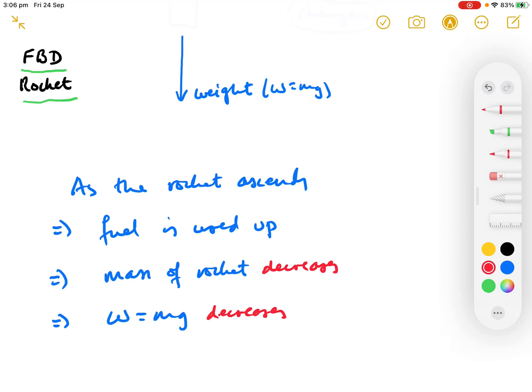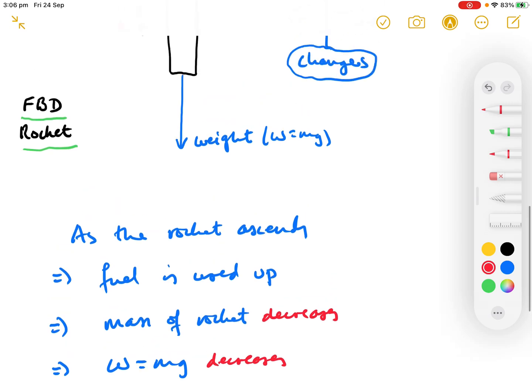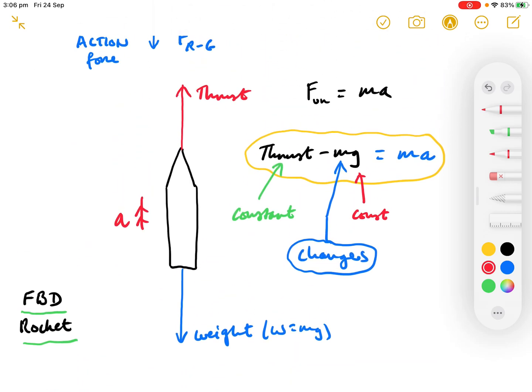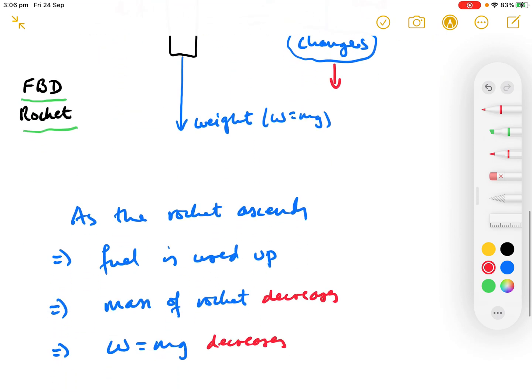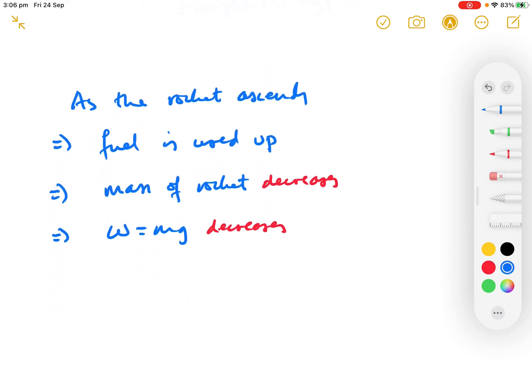Okay, so as time goes on and the rocket ascends, it uses up fuel, the mass gets less, so the weight gets less. Now if we look at our equation, if the weight is going down, so if this change is a downward change, but the thrust is remaining constant, then the unbalanced force is basically going to get bigger. So we've got an increasing unbalanced force, and therefore we're going to get an increasing acceleration.